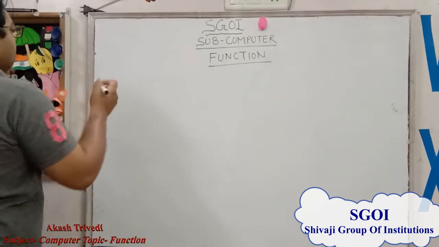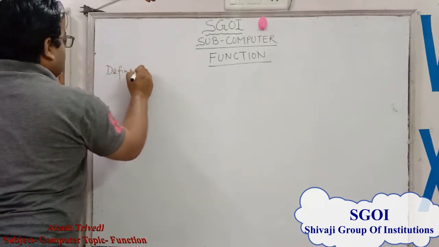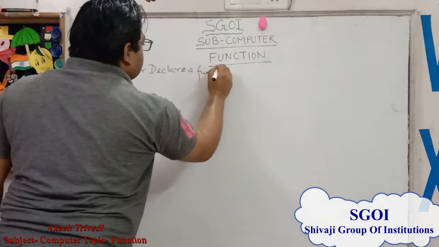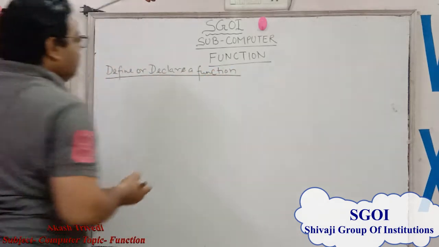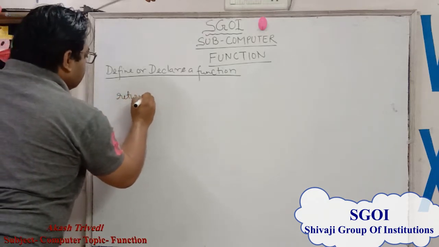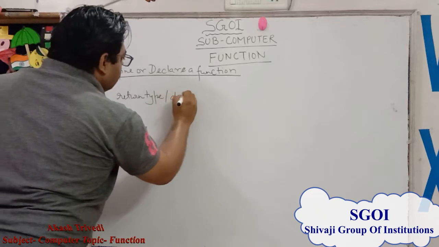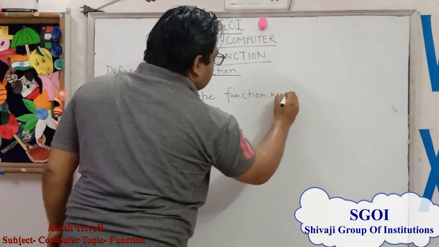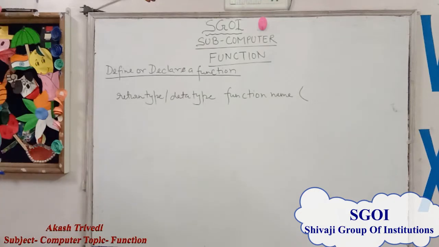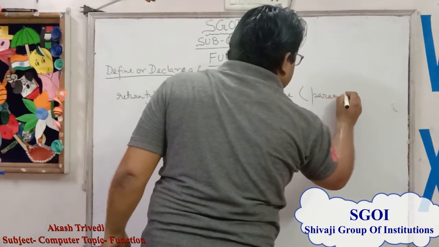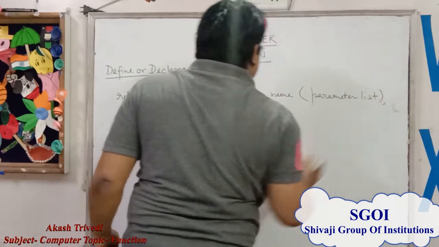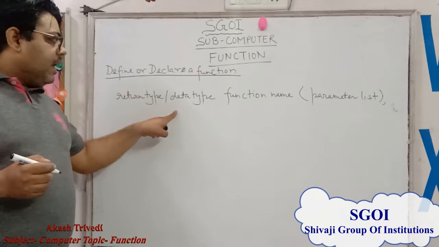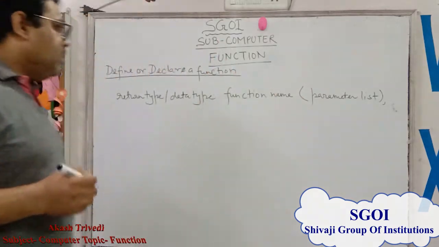If we want to define or declare a function, for that firstly we need the return type or data type, function name, and after that the parameter list. We declare a function with its return type or data type, function name, and parameter list.